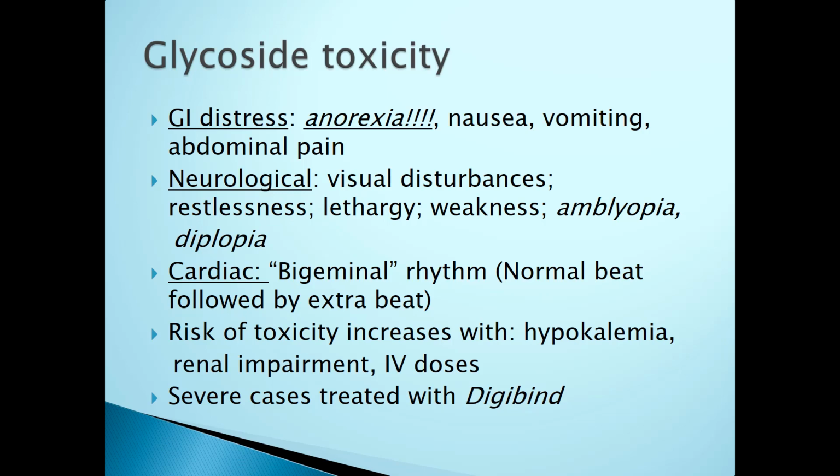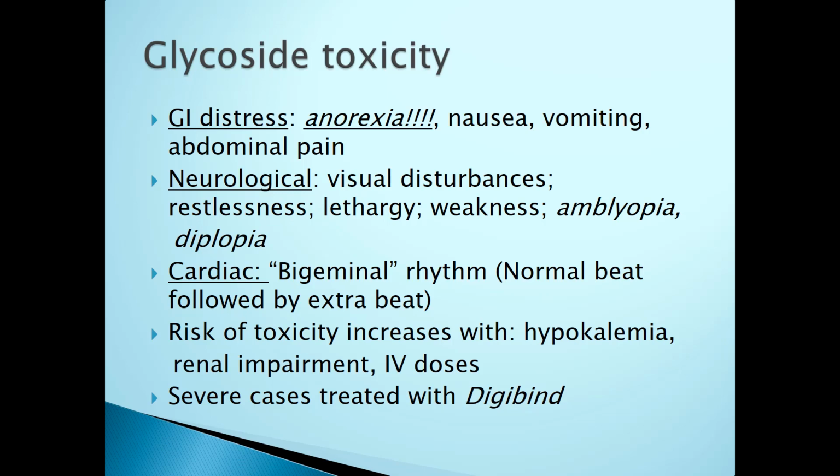So severe cases, when those digoxin levels get to extreme amounts, are treated with Digibind. Digibind is derived from sheep serum. Digibind interprets digoxin as an antigen and forms antibodies to the digoxin.